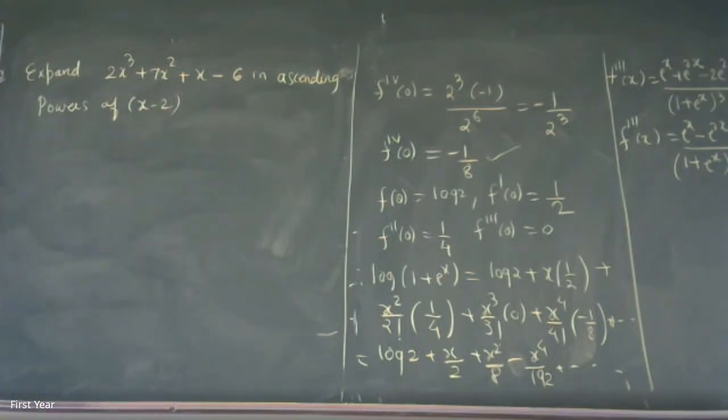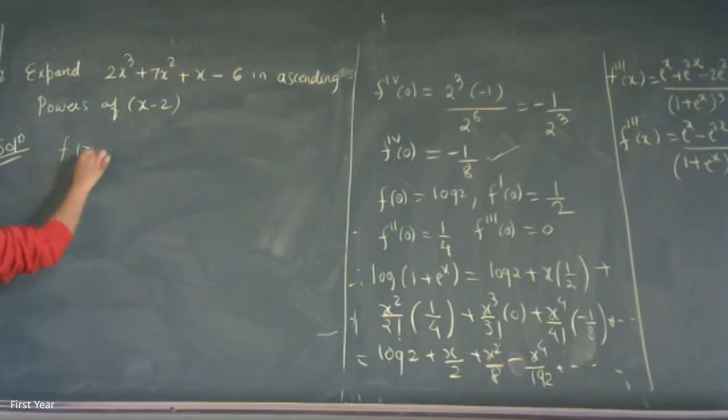Whenever the question is of x minus a, what method do you use? Taylor series. Correct. Very good, Manish. Taylor series expansion is used whenever you have x minus a. So that formula you have to write down, because this has to be compared with x minus a.